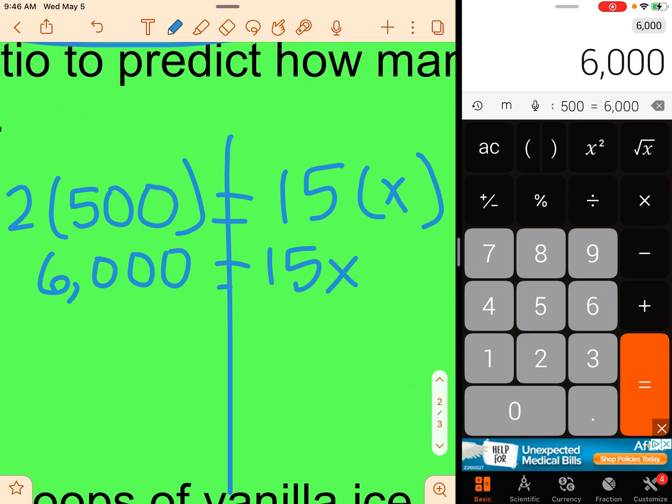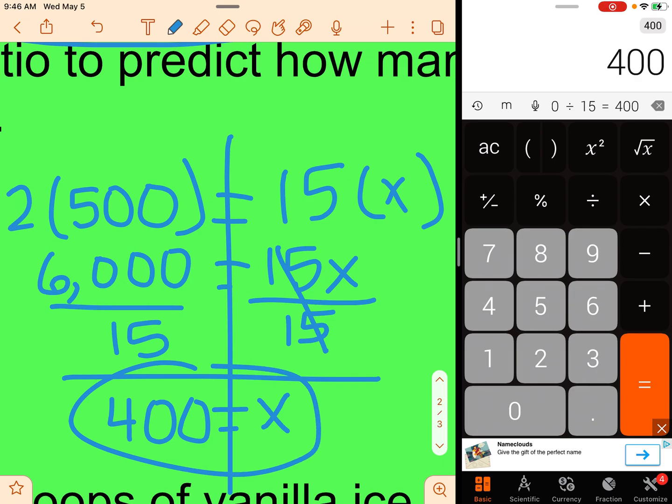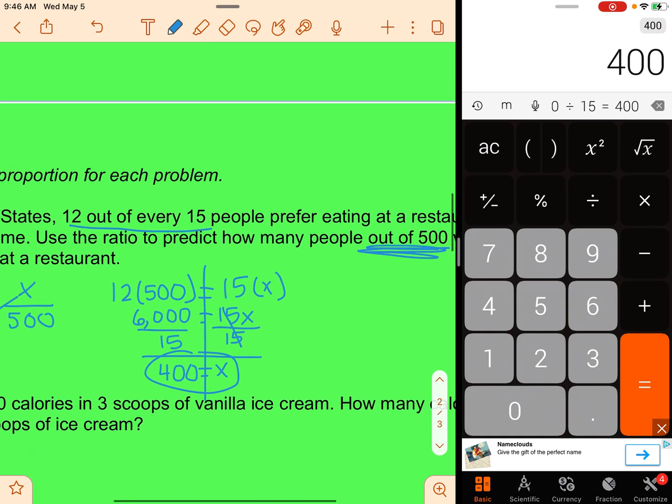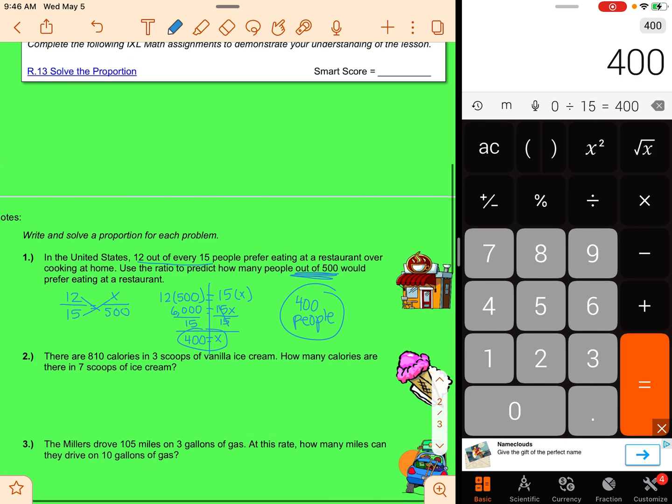We want X by itself, so we need to divide to get rid of that 15. The 15s cancel out, and we're left with X. 6,000 divided by 15 gives us 400. Since we're solving a word problem, we need a label. That 400 is talking about people, so the answer is 400 people.